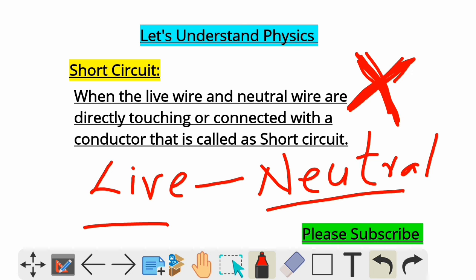If these two are directly in contact, that means not the plastic. If the plastic is removed, and copper comes directly in contact, then that condition we call short circuit. You might have observed in the sockets, sometimes you use without a plug, only wires.